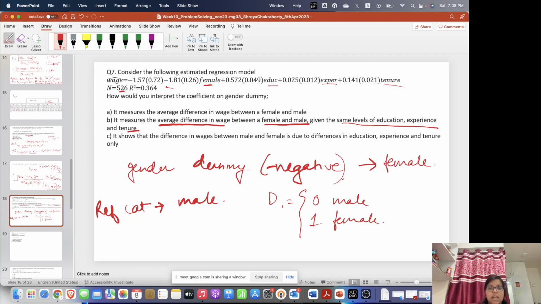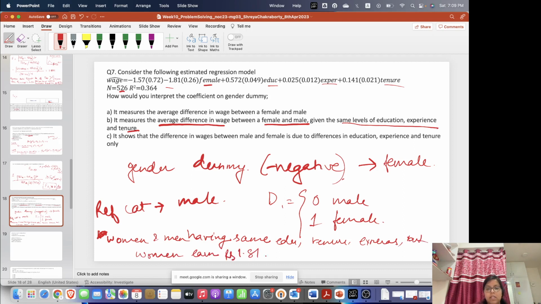Since the coefficient is negative, it implies that women and men having the same education, tenure, experience, but women earn 1.81 rupees less on average than men.